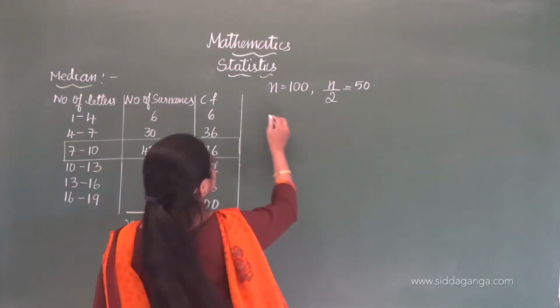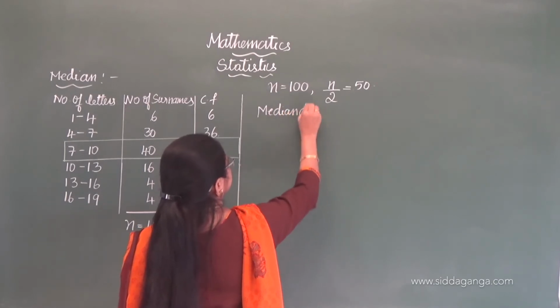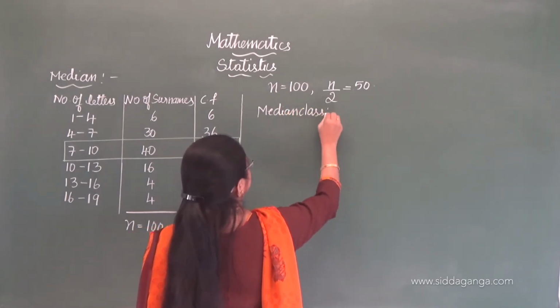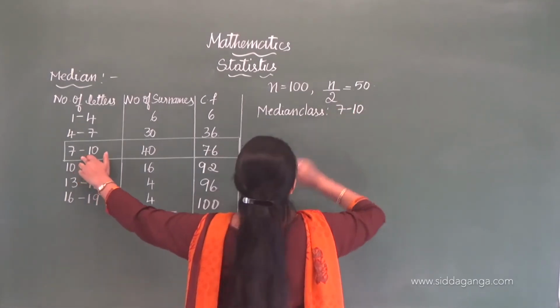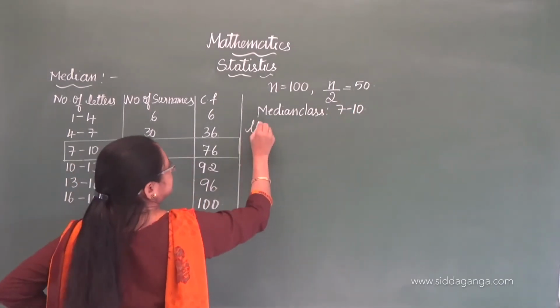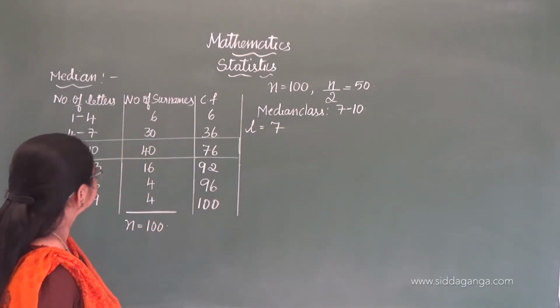Okay. So the median class is 7 to 10. Now, L is how much? Lower limit, 7.